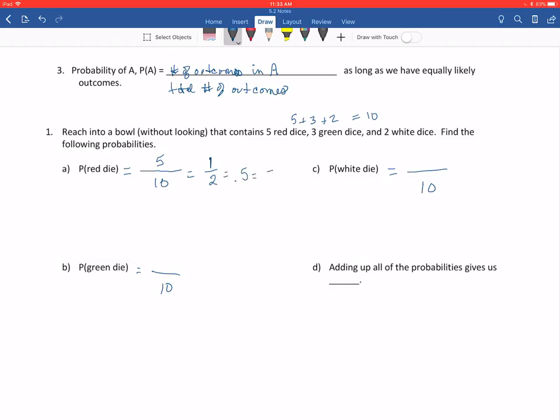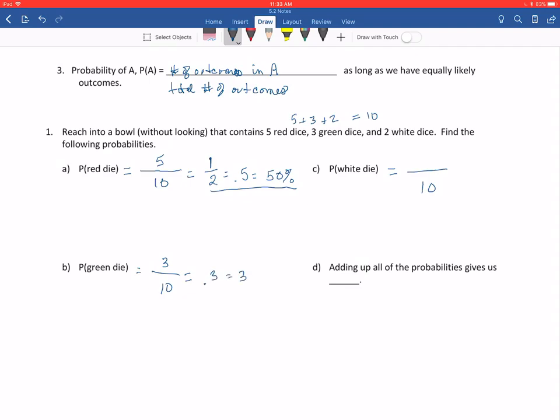Again, I could give my answer as a half if it asked for fraction form. I could give it as 0.5 in decimal form, or I could give it as 50%. Any of these three are fine. Just look for how your question asks for it. So if we move to B for green, there are 3 greens.